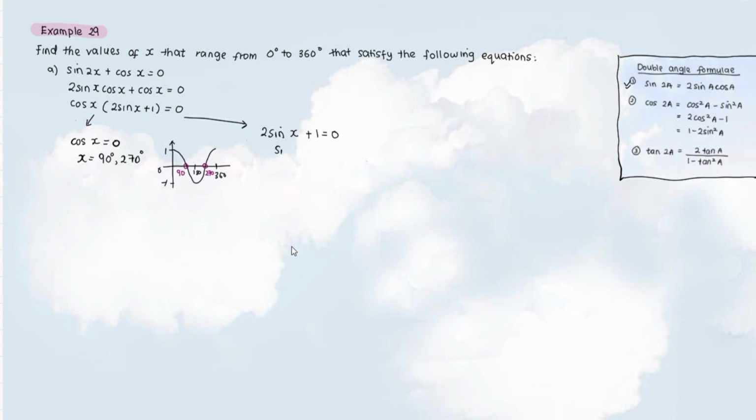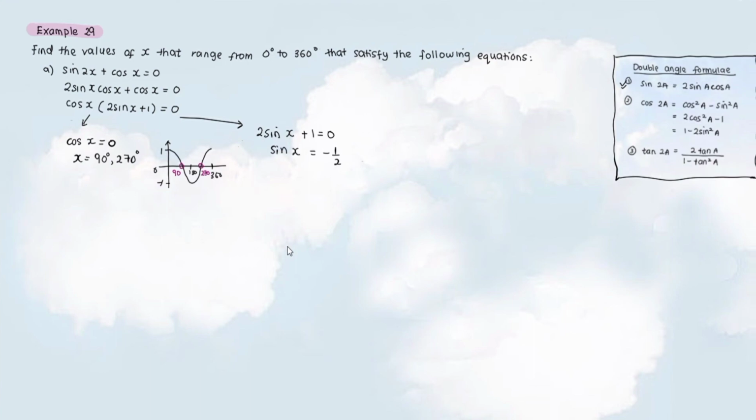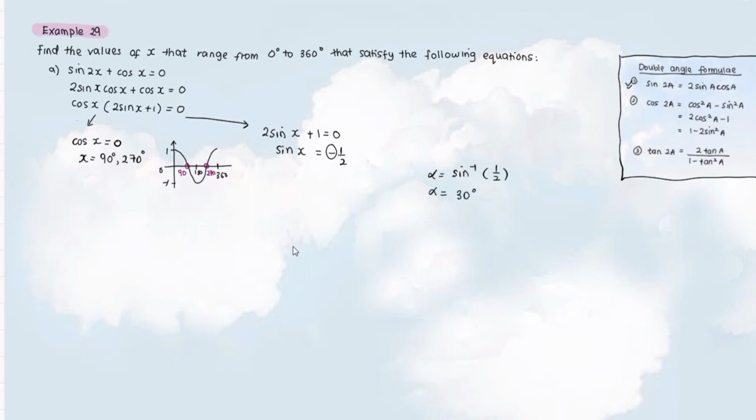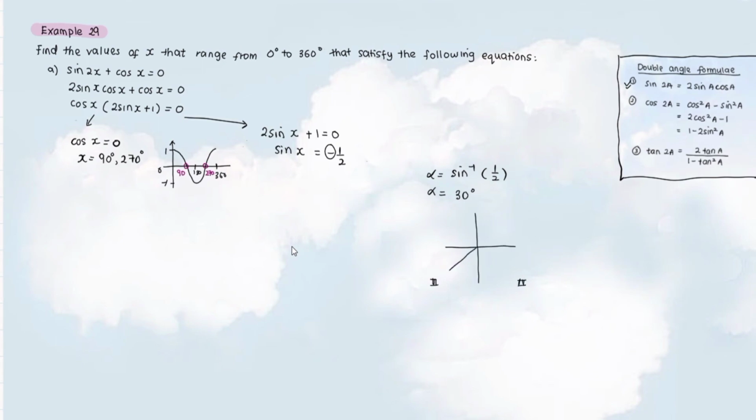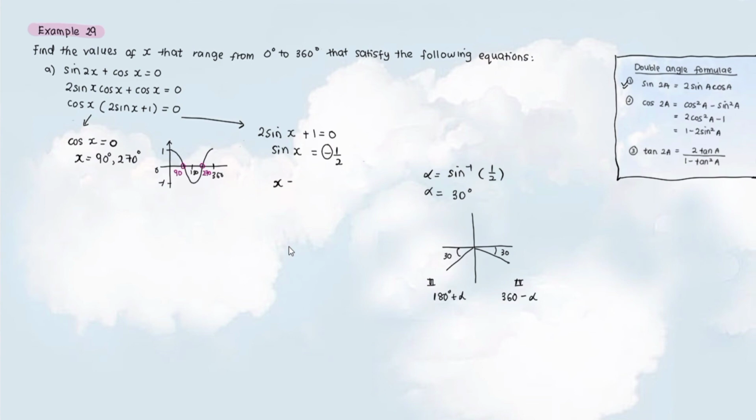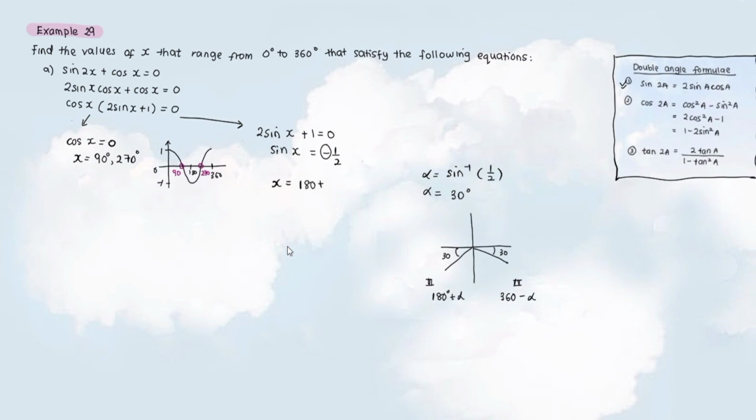2 sin x plus 1 is equal to 0. Sin x is equal to negative 1 over 2. So the reference angle is 30 degrees. Sin is negative, so it falls in quadrant 3 and 4. Remember the formula involved. So x is equal to 180 plus 30 degrees, 360 minus 30 degrees.